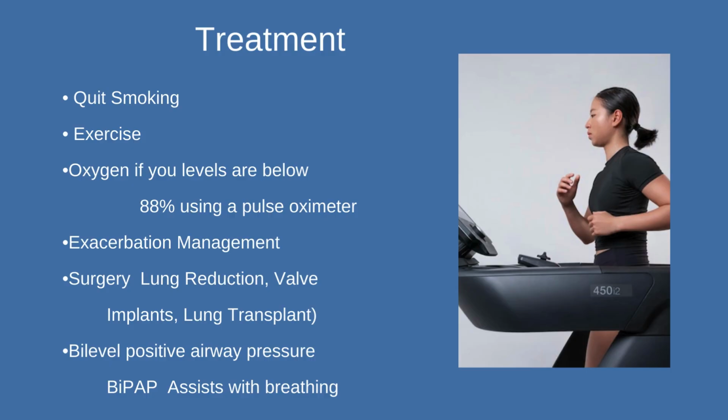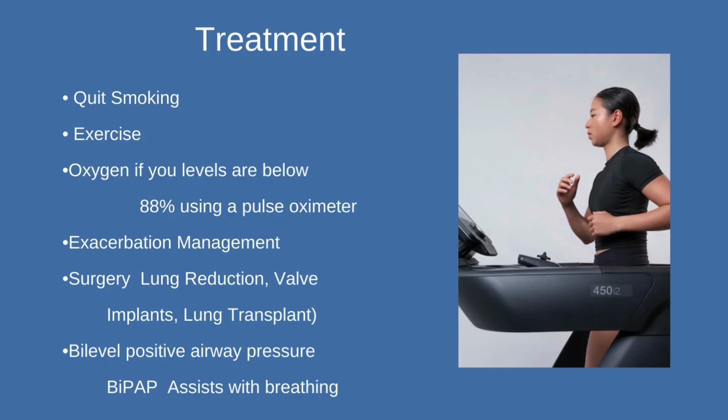Ideally, you want your percent to be above 90% at rest and 92% with exercise. Prevention of exacerbations: exacerbations happen when your CO2 level goes up and you can be hospitalized because of that. Staying healthy, eating healthy, and staying away from sick people are all ways that you can prevent exacerbations.